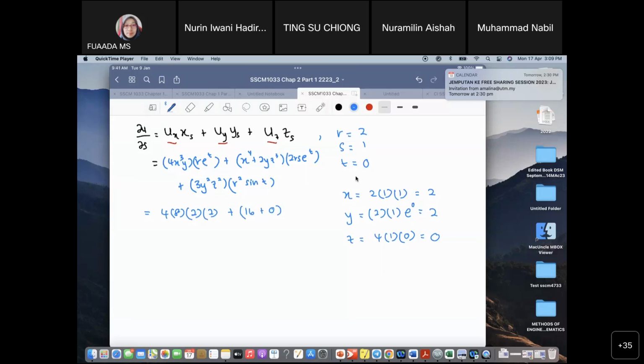Times 2, 2, 1. Plus 3. Y squared we got 4. The third one, because you can have the Z here, because Z is 0, everything will be 0. So the third term is 0.